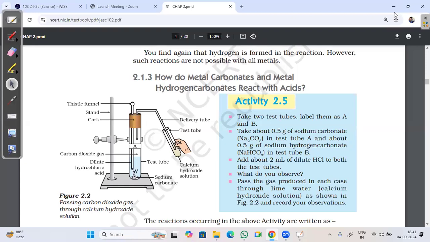So we get NaCl, H2O and CO2, right? Write down the complete reaction. What is the reactant? What is the product?